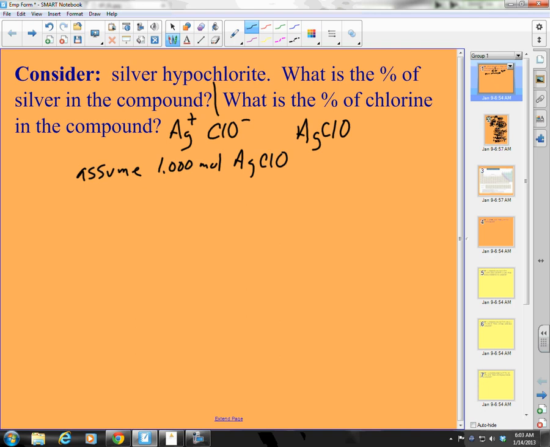Good. Then how many moles of silver do I have? Well, I look at my mole ratio. I look at my formula. That means I have 1 mole of silver. That means I have 1 mole of chlorine. It means I have 1 mole of oxygen, right? Good. Now, let's get grams of silver. How do I get grams of silver? Well, grams of silver is going to be moles of silver times what? Well, times its molar mass.